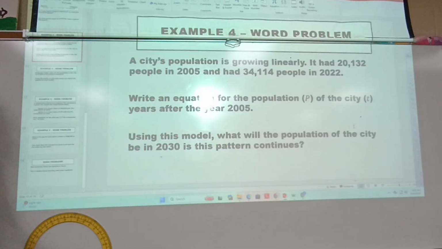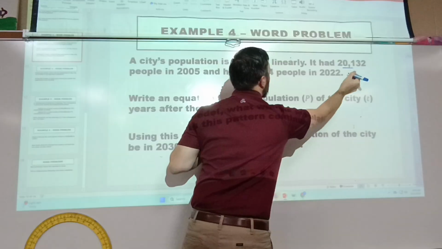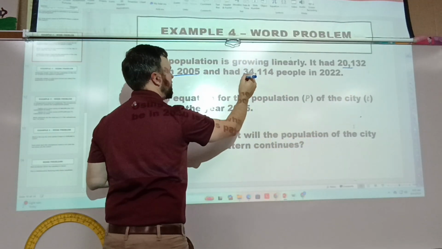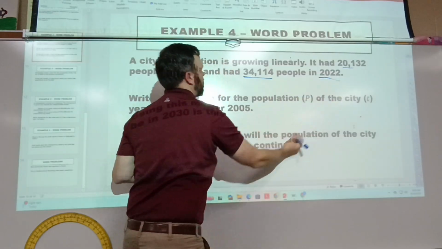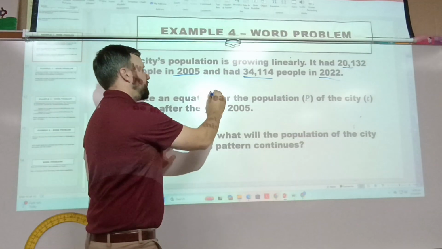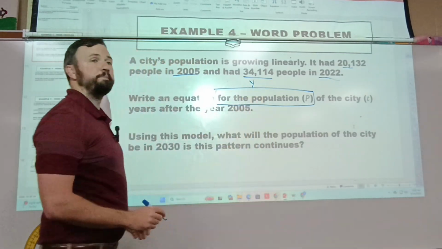So we have a state's population is growing at 20,000 in 2005. Year I graduated, and it has that many in 2022. Write an equation for the population. The "for the" is going to be your y.